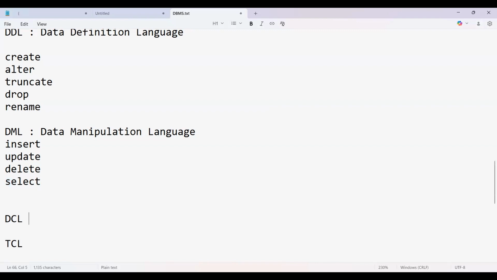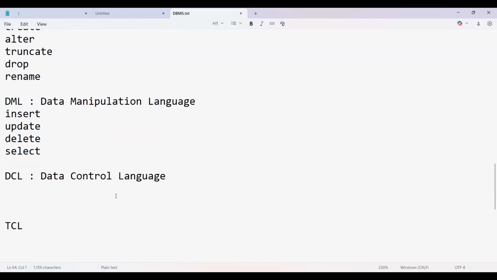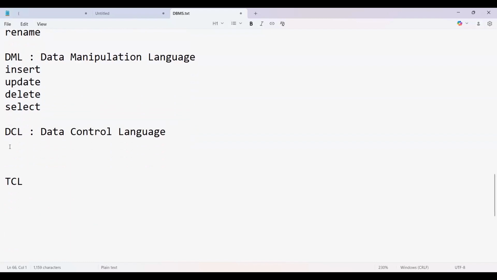Coming to DCL, data control language: grant and revoke.